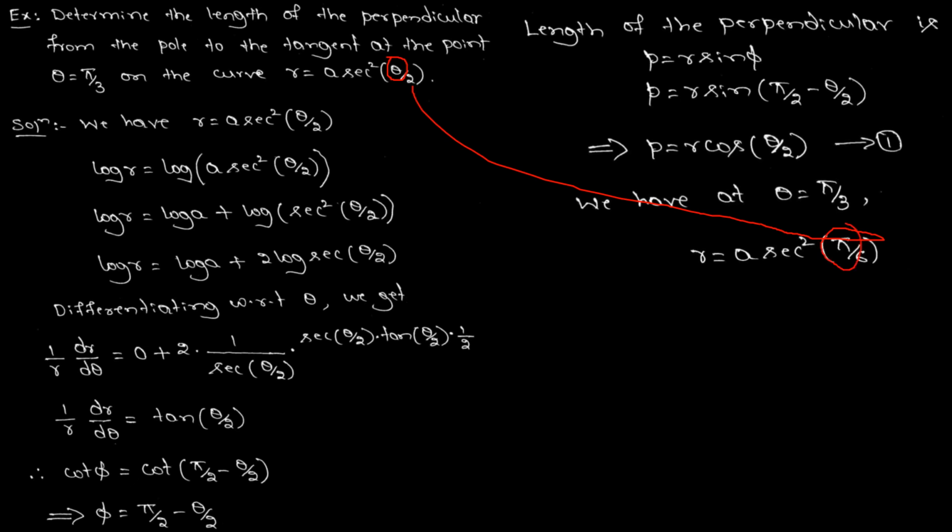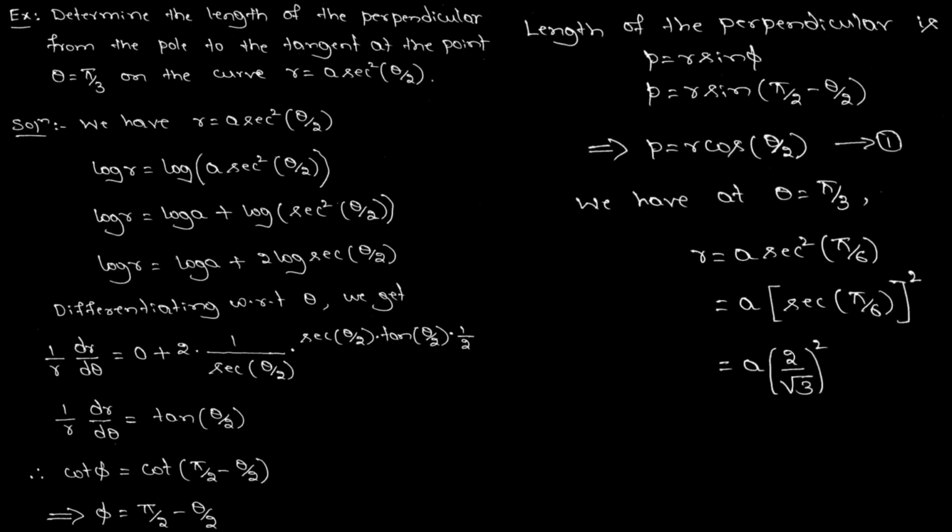Now this can be written as secant of pi by 6 the whole square. We know the value of secant of pi by 6, that is secant of 30 degrees, is 2 by root 3. The whole square we keep as it is.